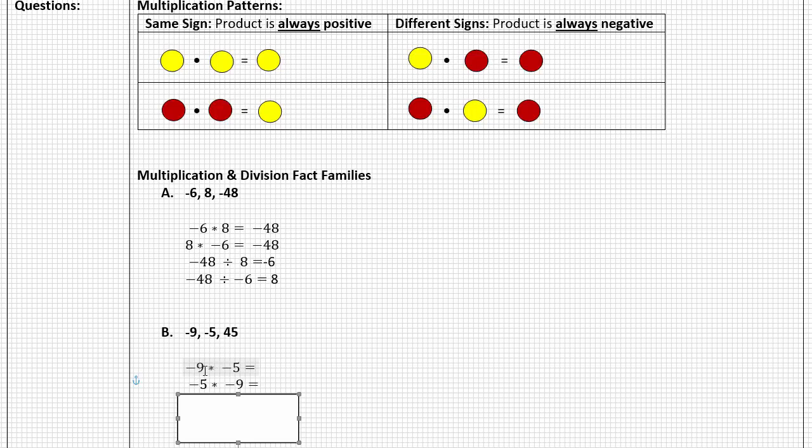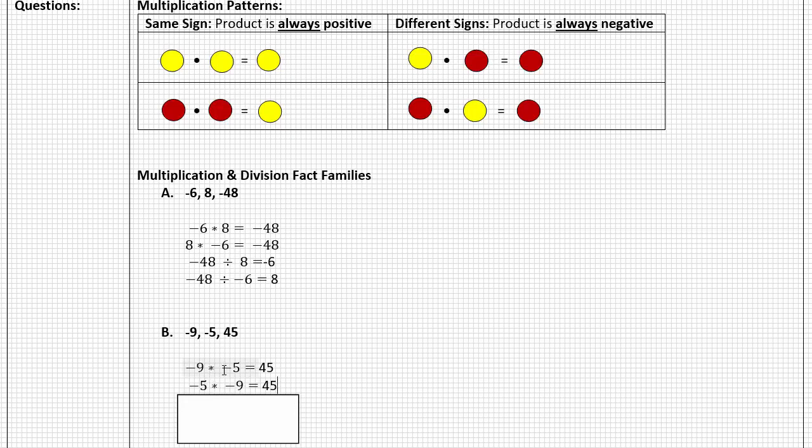Well, it falls under the same sign category, so we could say, it's two negative numbers, but we know it's going to be positive. It's in this fact family, so you're right. The answer is right there. -9 times -5 is +45. And the same is true if we switch around those factors. -5 times -9 is also +45.